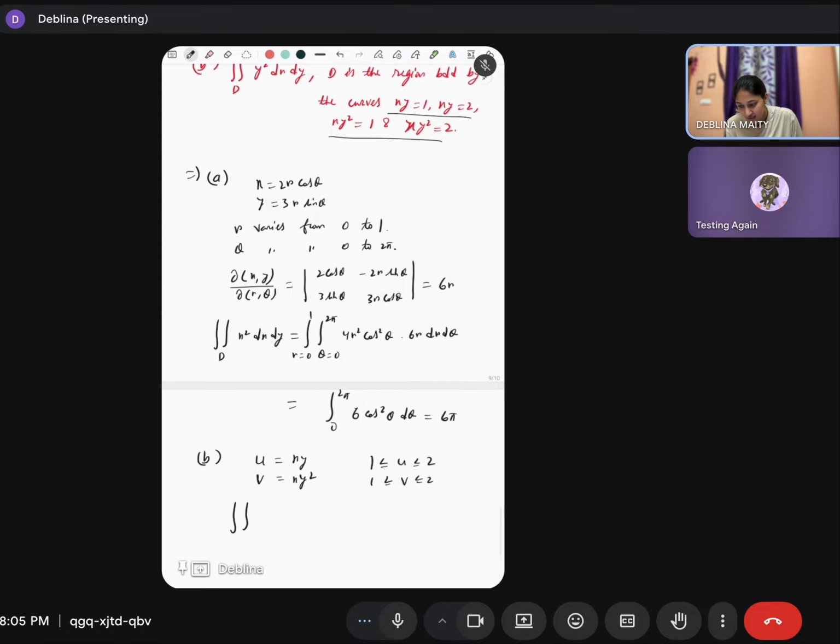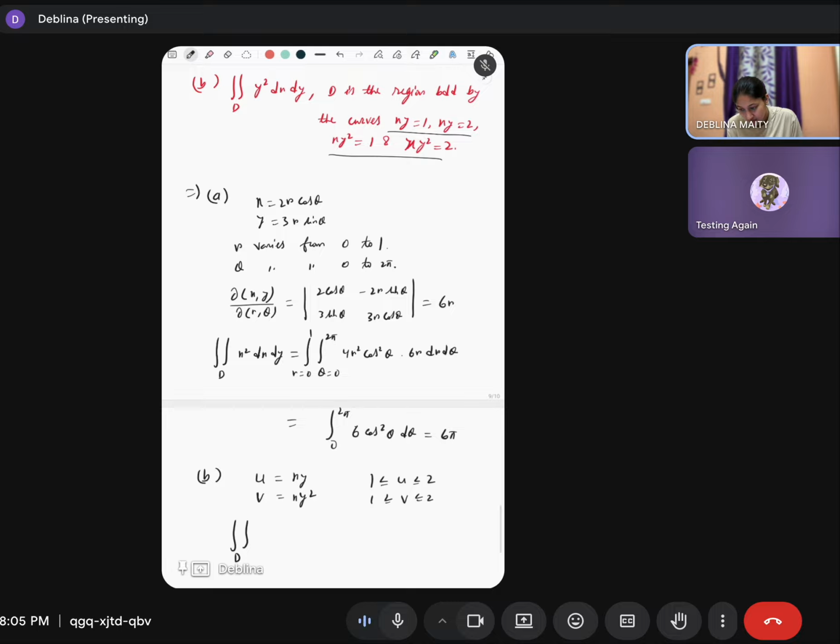So here this integration becomes the integral of y square dx dy, with u from 1 to 2 and v from 1 to 2. And y is what? y will be v by u, right? Oh, I have not found the Jacobian, right?